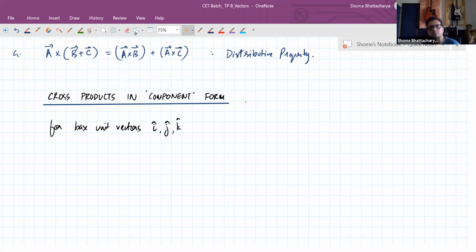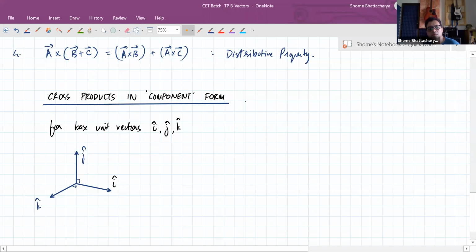If you recall the geometry of them, so if you just imagine, these three unit vectors which are mutually perpendicular like this. Okay. Now keep applying the right hand palm rule and you'll understand how to calculate the cross products between them.